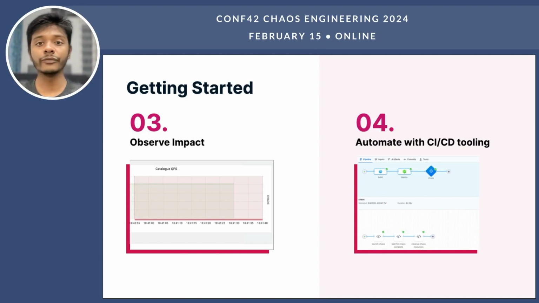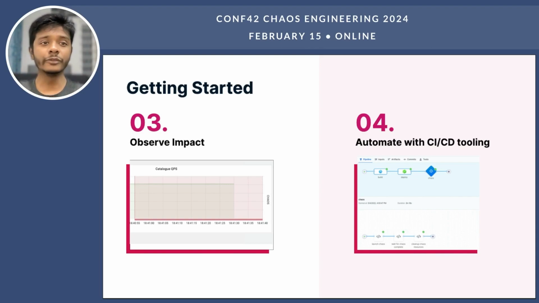Finally, when you have found enough confidence with your chaos experiment runs, you can automate with the CI/CD tooling of your choice. Harness chaos engineering experiments integrate out of the box with Harness CI and CD. However, you can also leverage the APIs provided by Harness Chaos Engineering to integrate it with any CI/CD tooling of your choice.